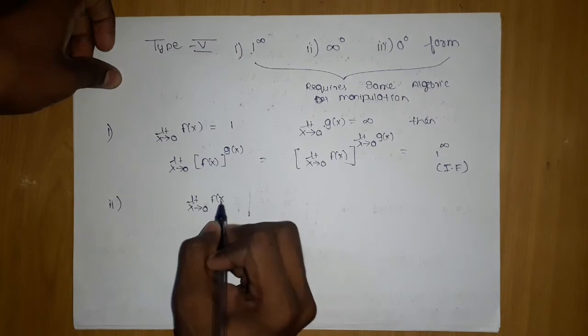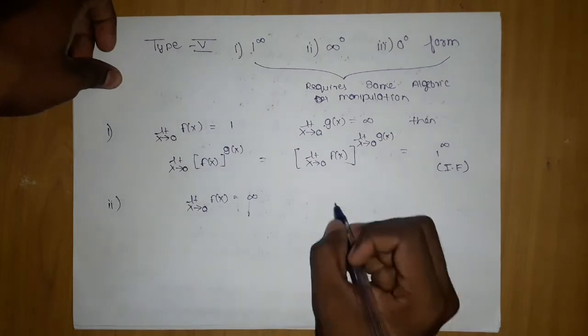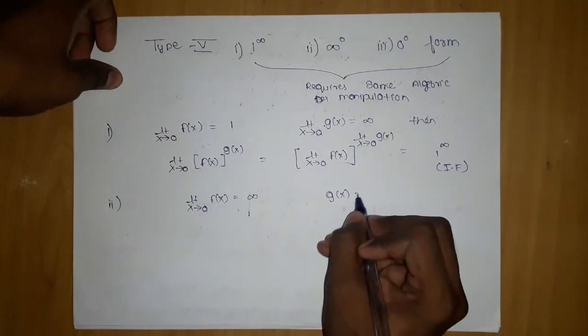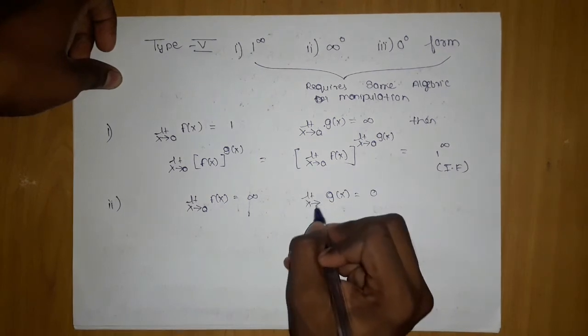Now similarly, this was the first one, here it is the second one, limit x tending to a. Suppose f of x is a function which gives me infinity on substituting, and I have a function g of x which on substituting gives me 0 when limit x tends to a.